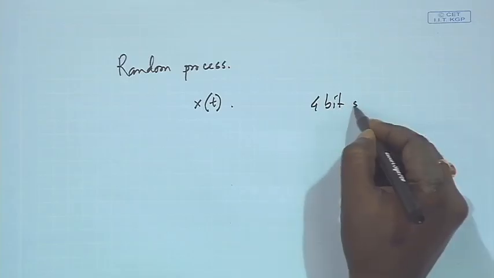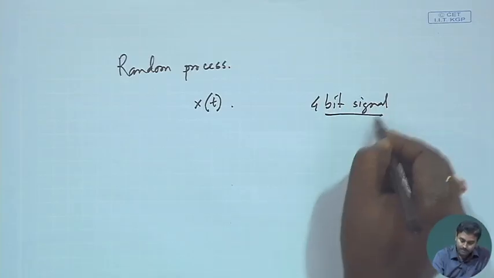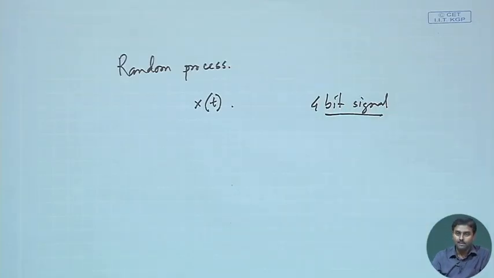So, let us say we have a 4-bit signal which is being transmitted. Now, I know that it is 4 bits, each bit of duration T. T might be anything, 1 second or 1 millisecond or 1 microsecond, whatever it is, we are not bothered about that, it is just a 4-bit representation.